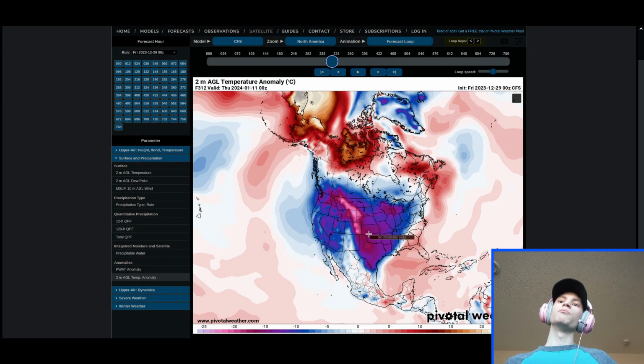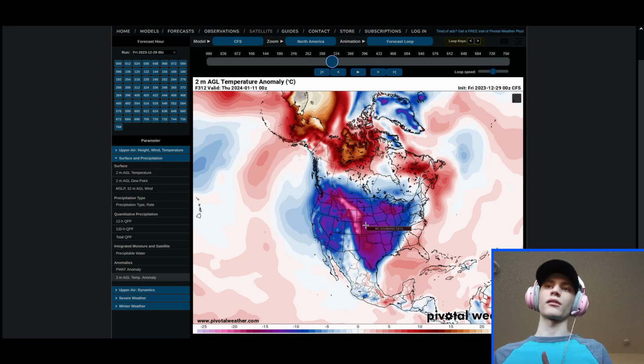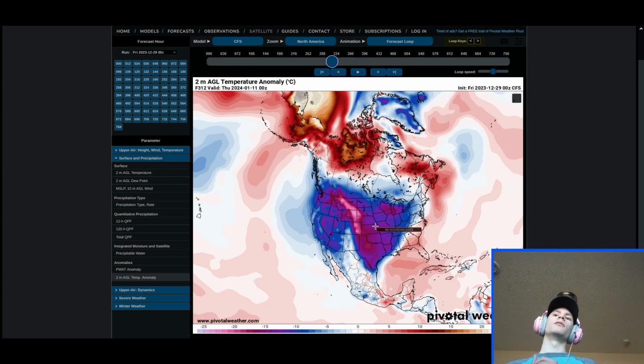Now, of course, to this magnitude, I wouldn't believe it, because CFS is in its own little world when it comes to accurate prediction of temperature. But this gives us an idea of what to expect in the near future.